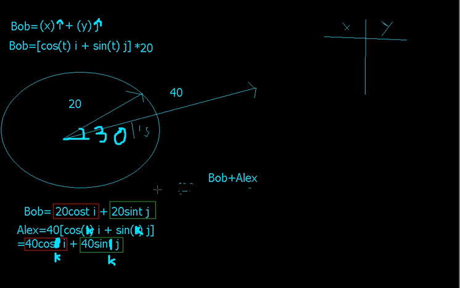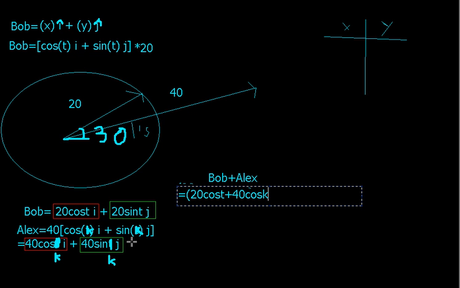Let's try that again. When we add them together, we get 20 times cosine of t, right? This one is t. Plus 40 times cosine of k. This k, remember that's k. And that's in units in the i direction.